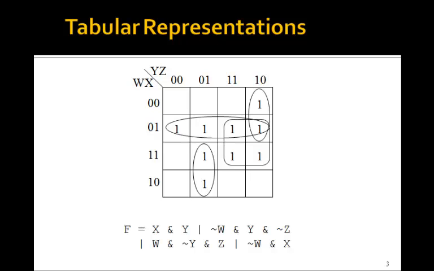So, suppose we had this Carnot map, and we had these 4 terms, and this was a solution we found with the Carnot maps. Well, how can we write these terms in such a way that a computer can understand it easily? Well, here's what we do.